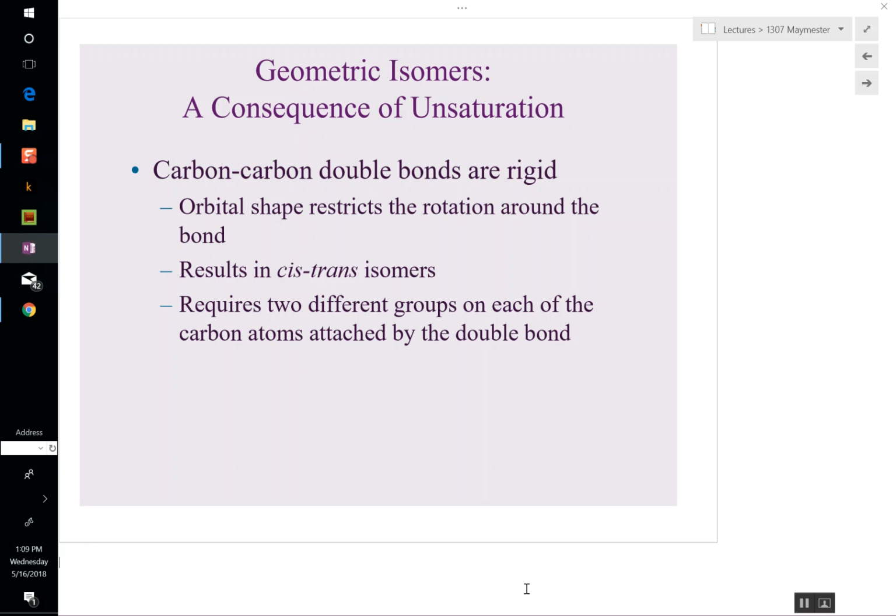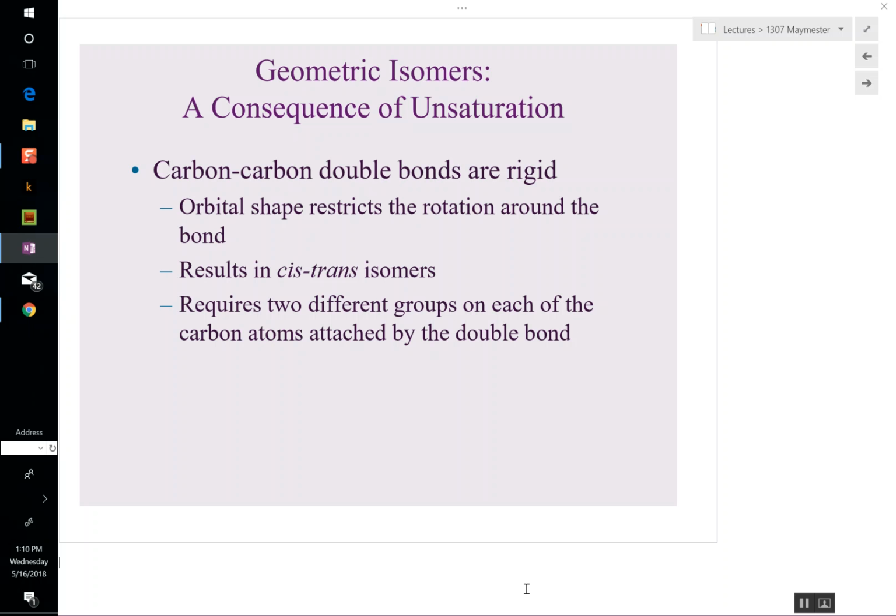Okay. Remember what I said, if we can superimpose them on one another, then they're not different, they're identical. And you can see that here's the one where they're both going up. Here's the one where one goes up and one comes down.